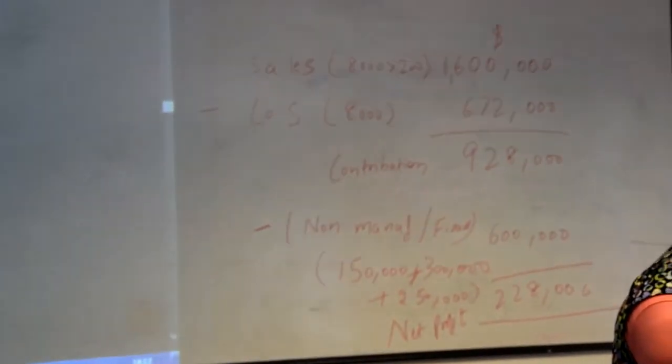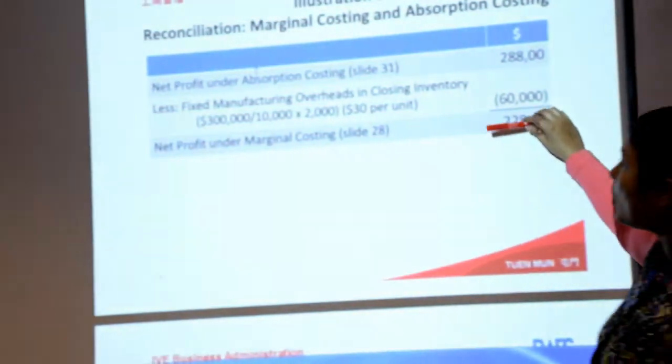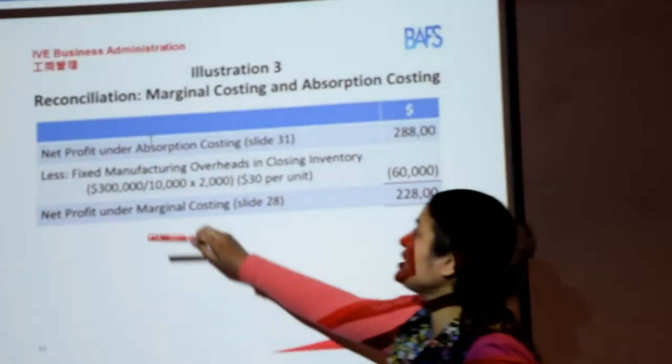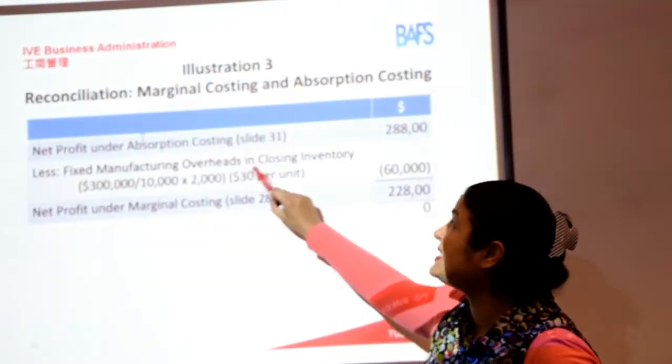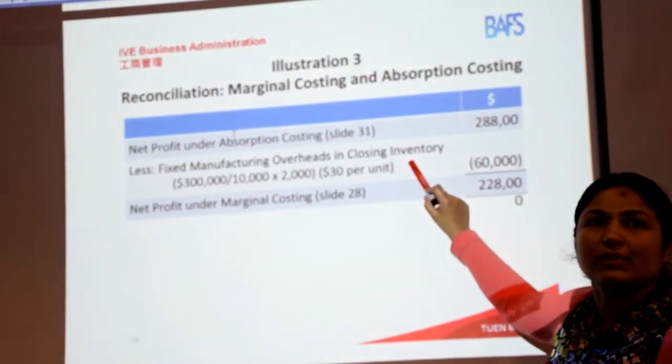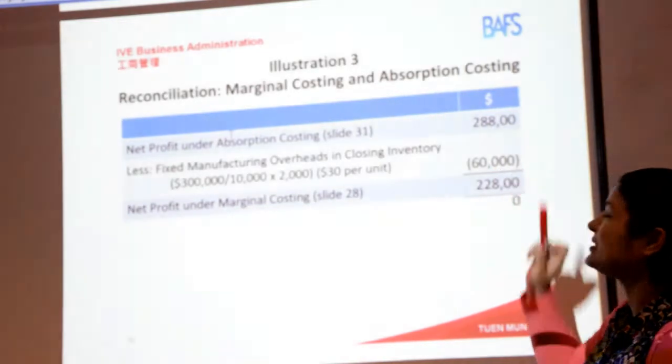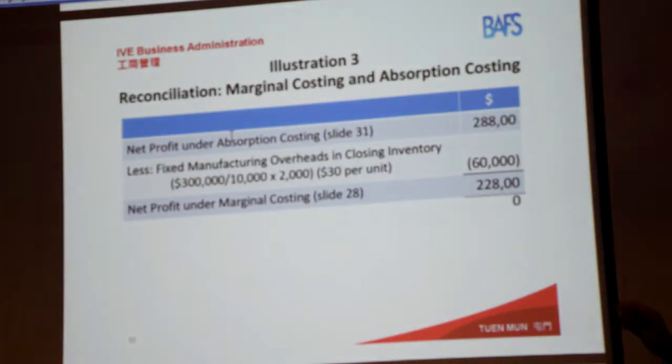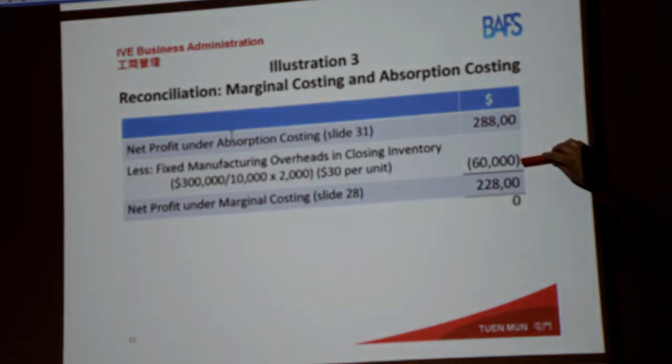And this is what we have just seen here: the difference arises because of only one figure, which is your fixed manufacturing overheads in the closing stock. So how do we reconcile this then? That's the only thing, because we have to only find this figure.